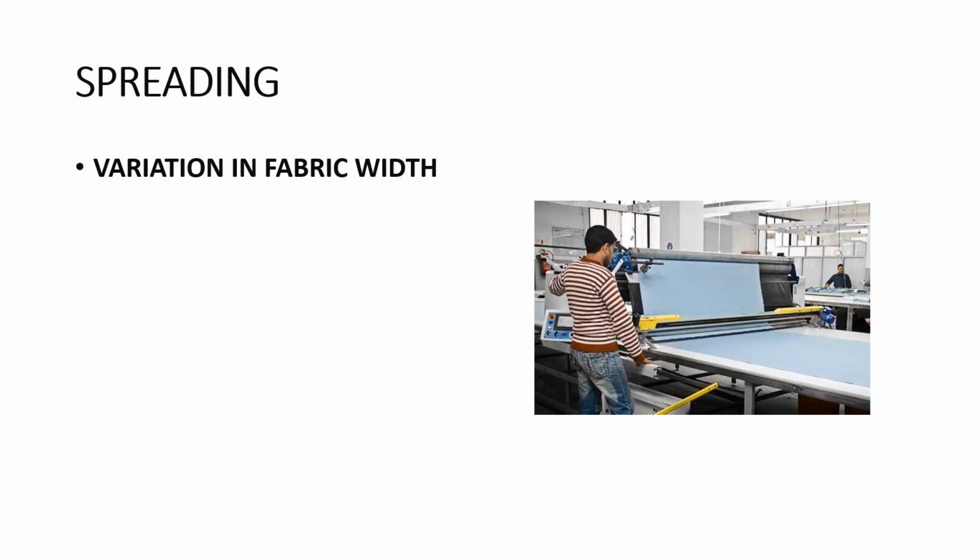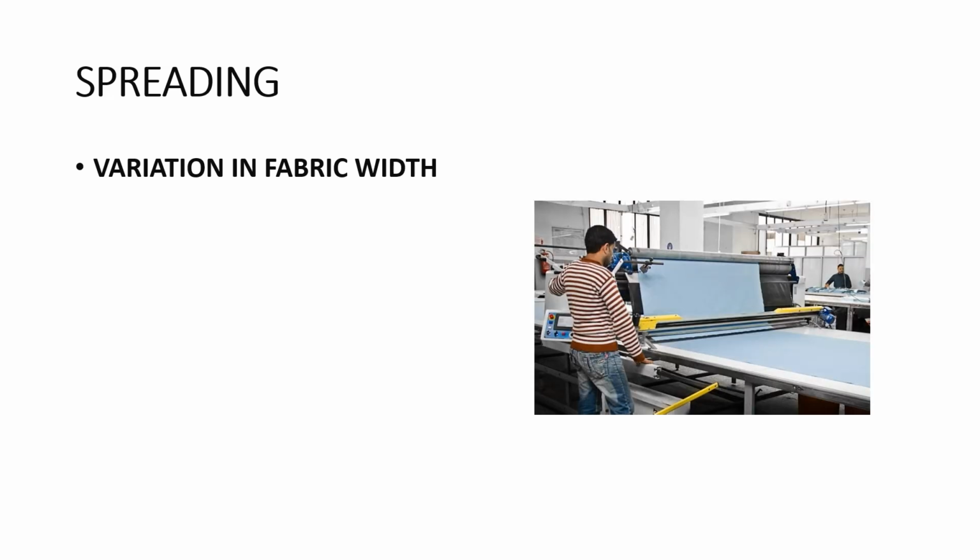Now when we talk about the spreading operations, as you all know, this is one of the major areas. Depending upon what type of garment you are producing, the fabric is selected and spreading is done on a machine. And there are various parameters which need to be checked in this operation. Let us see what those are.